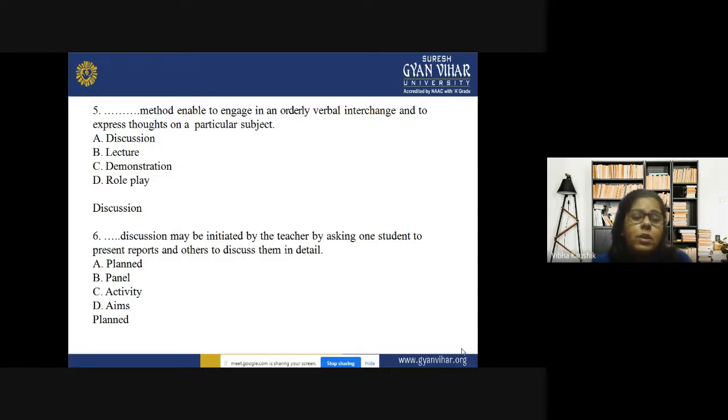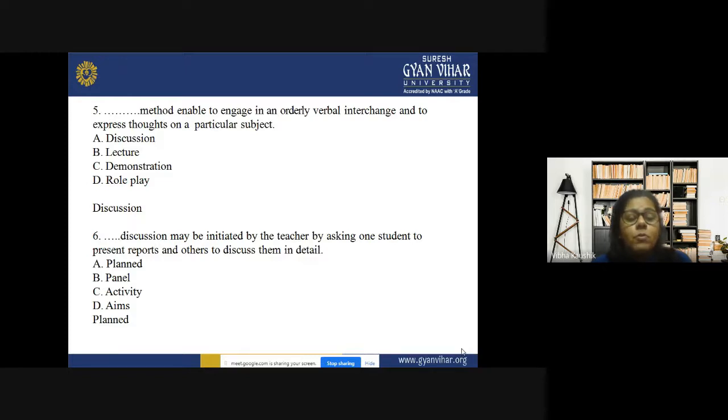Now the sixth one: discussion may be initiated by the teacher, means it can be started by the teacher by asking one student to present reports and others to discuss them in detail.